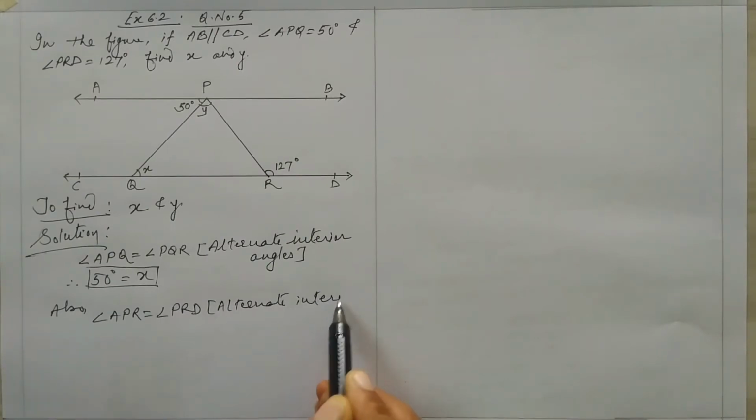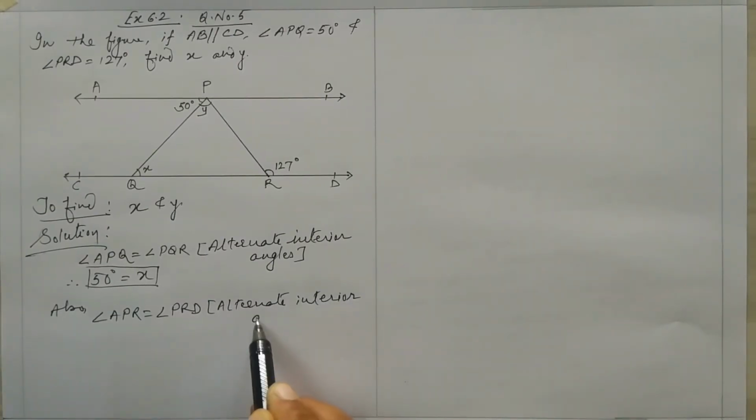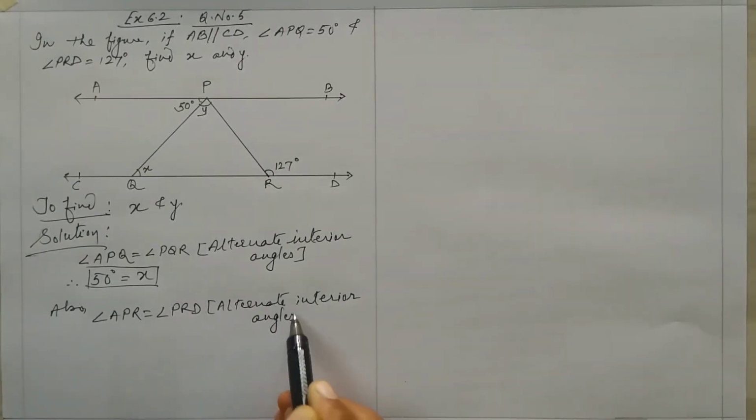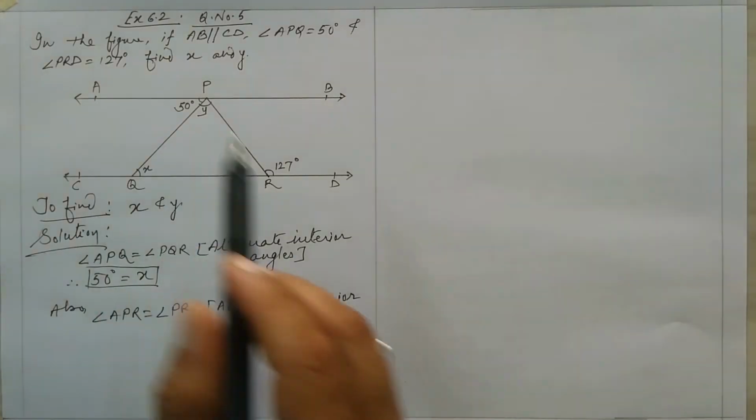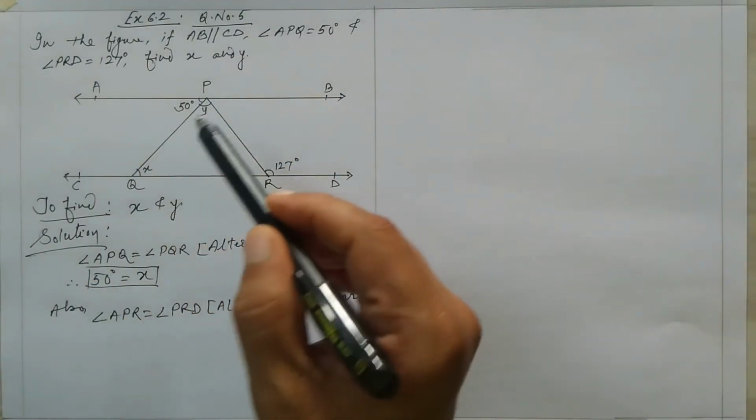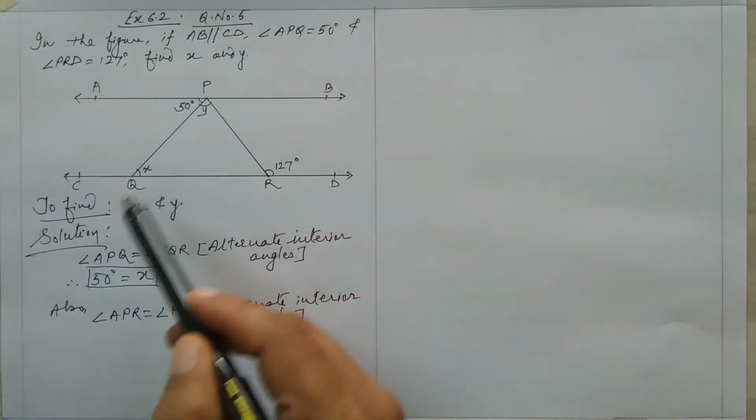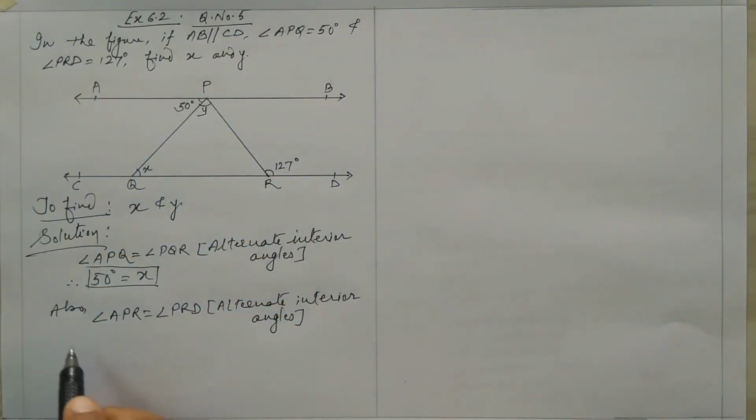Alternate interior angles. Now what is angle APR? If you observe, APR is formed by APQ and QPR. So I will write here angle APR is nothing but 50 degrees plus Y, which is equal to angle PRD.